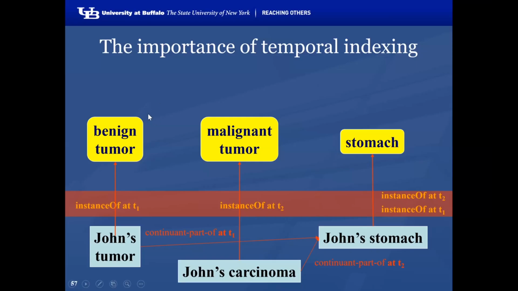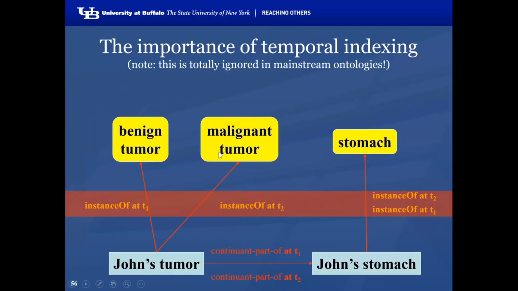You will find, for instance, a diagnosis of benign tumor at time T1 and a diagnosis of malignant tumor at time T2. How are you going to make the difference with this situation, if you only have references to types in your electronic health record? You can't. So you also need references for the particulars themselves.